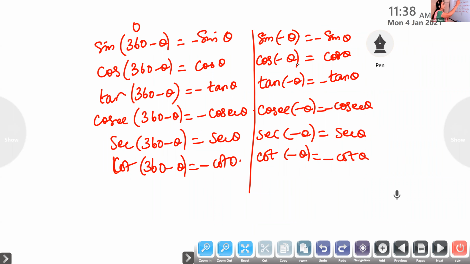So whenever we get negative angles as the argument, we will use this formula. An important point: for cos and sec, whenever the negative angle is there, we will make it positive. But for the other ratios, we can take the negative sign outside.